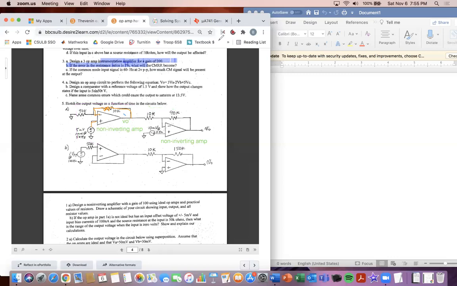Okay. So for this one, what we are going to do is use our equation. So V out' is going to equal, for a non-inverting amp, 1 plus RF, which is 10K, over RS, which is 90K. And now that we know, for the gain, the voltage inputted is 5 millivolts root mean squared. When you see root mean squared here, convert it immediately or you're going to screw yourself over.